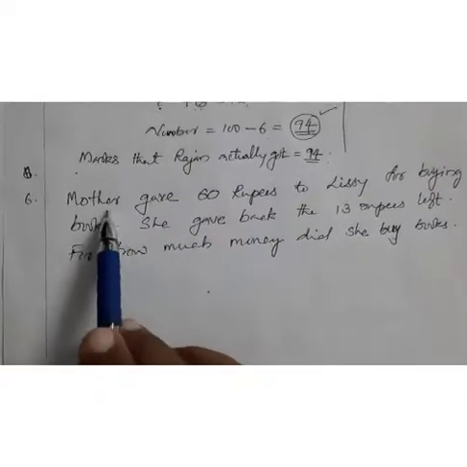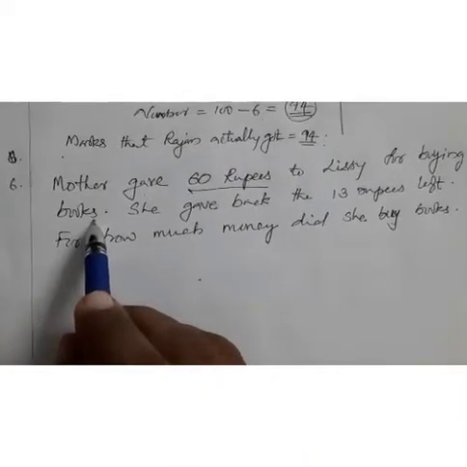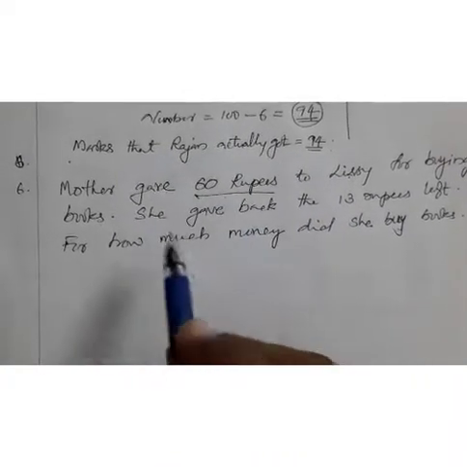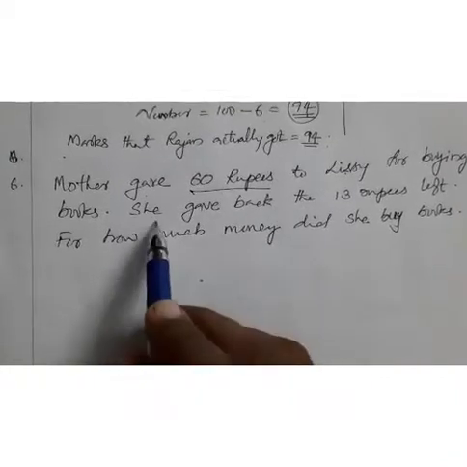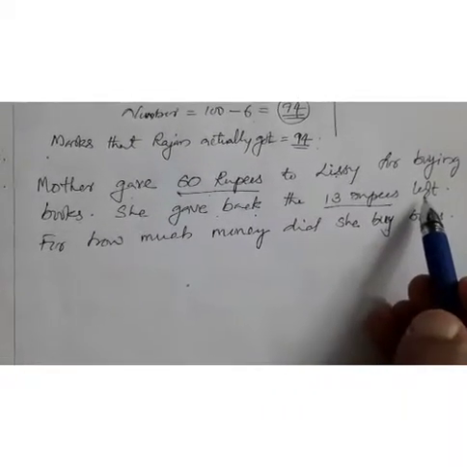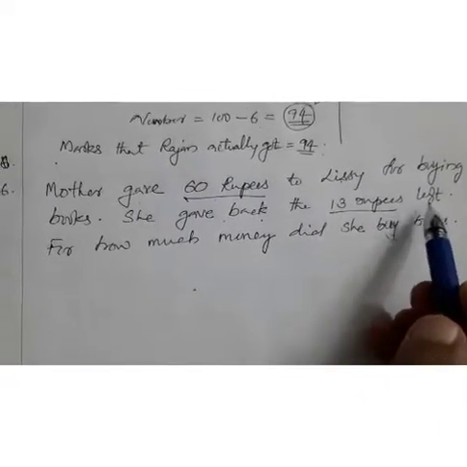Next question. Mother gave 60 rupees to Lissy for buying the books. After buying, she gave back 13 rupees to her mother.